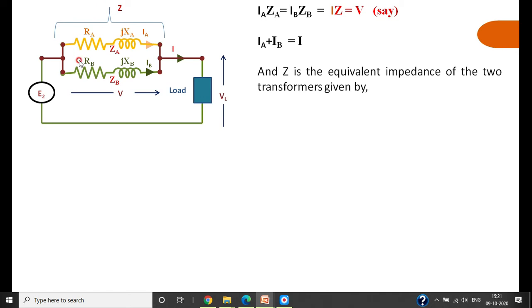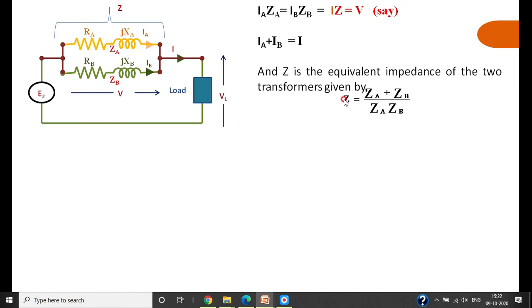If we replace them by a single resistance and reactance, then it becomes I into Z. What is I? I is the sum of IA plus IB. Therefore, IA plus IB is equal to I. And Z is the equivalent impedance of the two transformers, given by the way we calculate equivalent impedance when connected in parallel, just like resistors: 1 by R1 plus 1 by R2, that is R1 R2 divided by R1 plus R2.